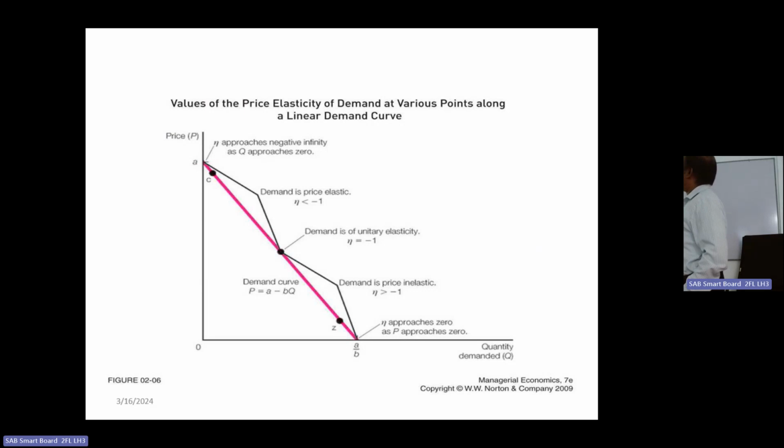Now in the linear demand curve, this price elasticity coefficient varies from 0 to infinity. Later on we can discuss the implication of this in terms of revenue, because revenue is price times quantity.